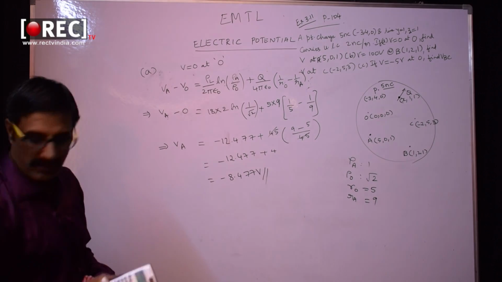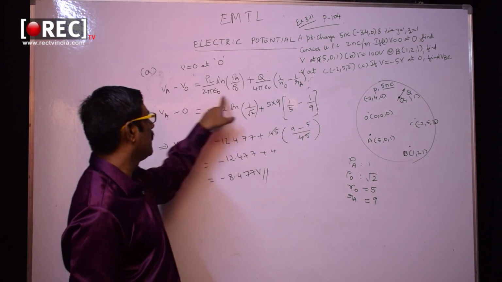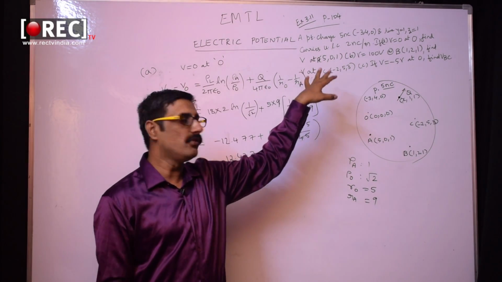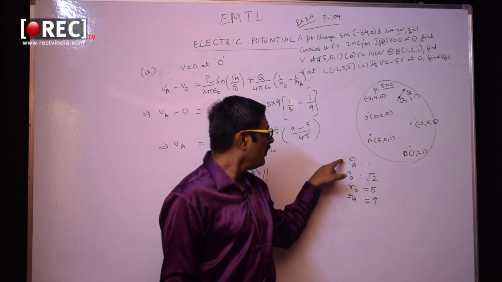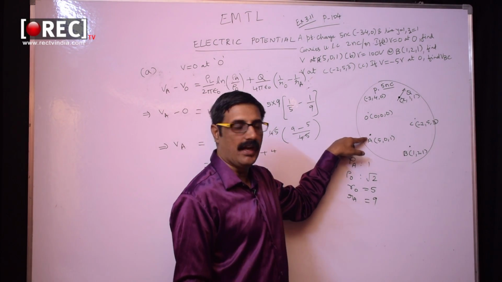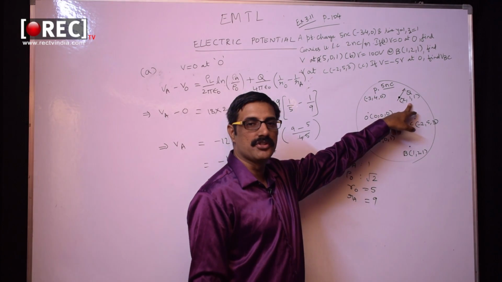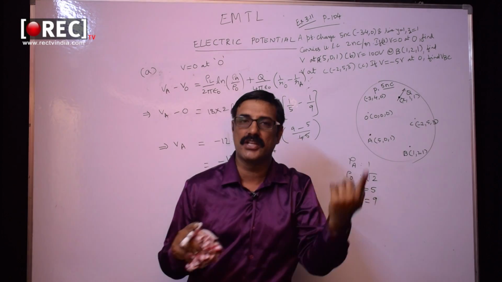So in this, if you understand how to apply this formula, then the remaining part is very, very easy. So you should know the physical meaning of what rho A and rho naught are. I'll tell you once again, rho A is the distance between the point A and the line charge distribution, neglecting the one coordinate which is not mentioned in the points.